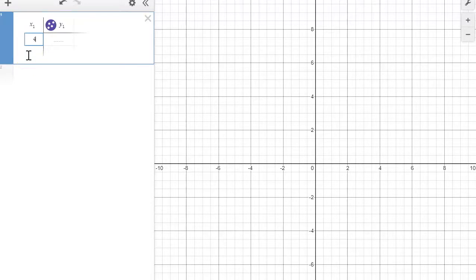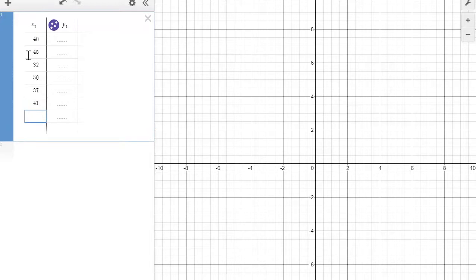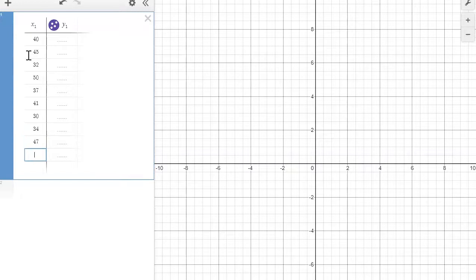I type in all my x values first, by the way. 40, 45, 32, 50, 37, 41, 30, 34, 47, and 45.